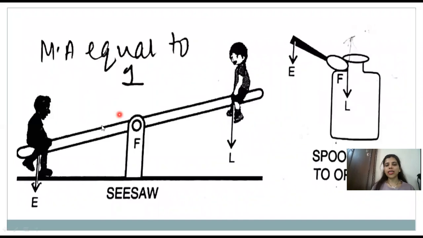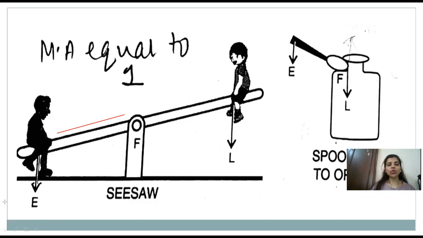So here you can see the load arm and the effort arm, this is from the fulcrum, the position of the effort. If we consider one boy as the effort and the other boy as the load, as I have told you, the load arrow will always be downwards and the effort arrow will always be in the upward position when you are showing it in the schematic diagram.